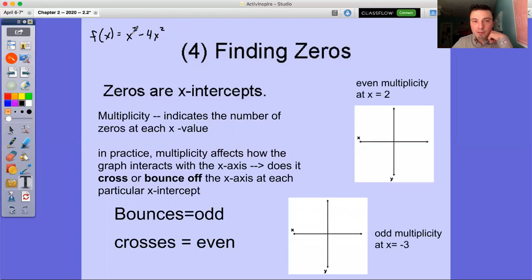Okay, if we're finding zeros of this, what we have to do is set it equal to 0 and then solve. Well, how I would solve this is by first taking out an x squared. And then I'd be left with x minus 4. Then I'd be like, okay, how do I solve this? Well, I set each part of this separately equal to 0. Well, this x squared being 0 just means x equals 0.